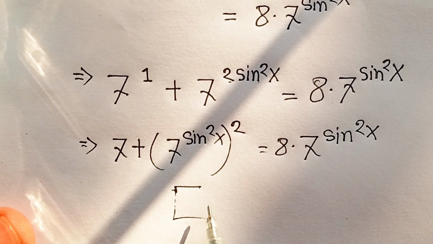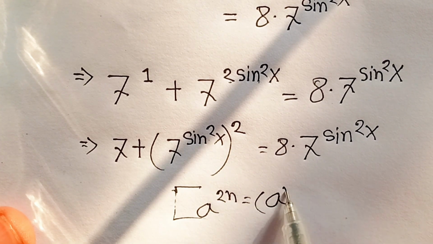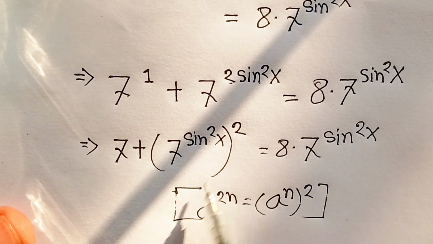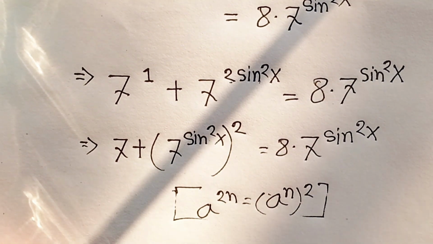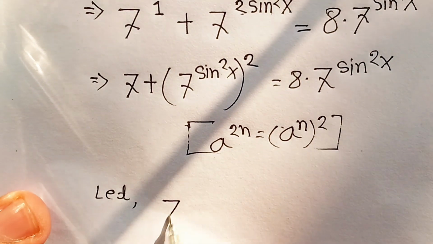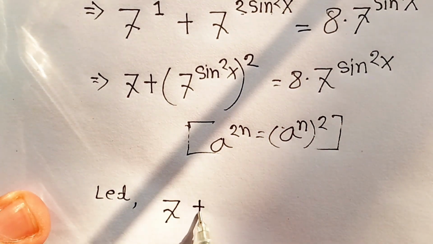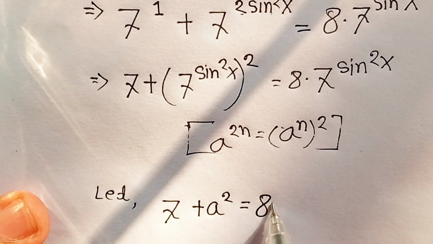Now we use this exponential formula a^(2n) is equal to (a^n)². We just use this equation and get the exponential equation. Let us write 7 plus a² equal to 8 times a.